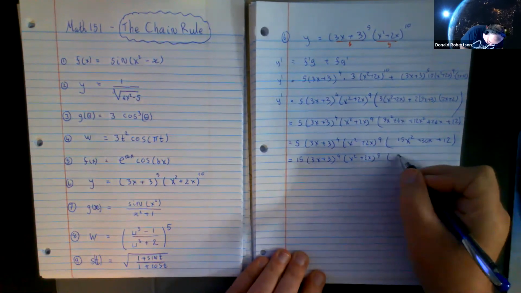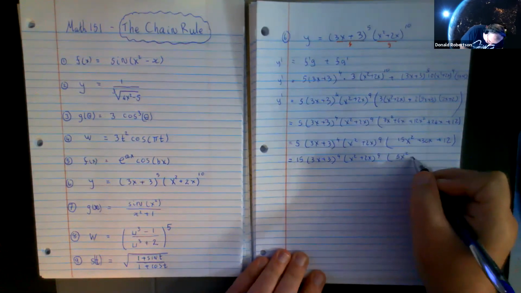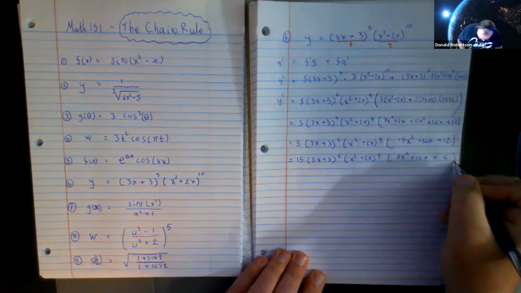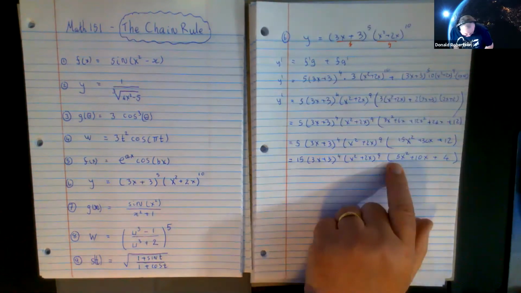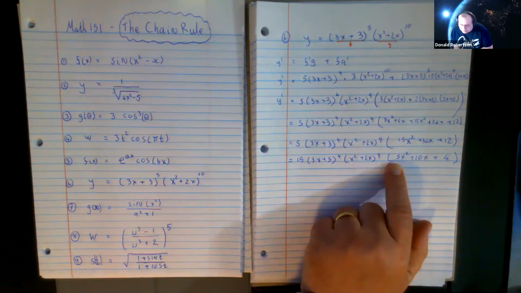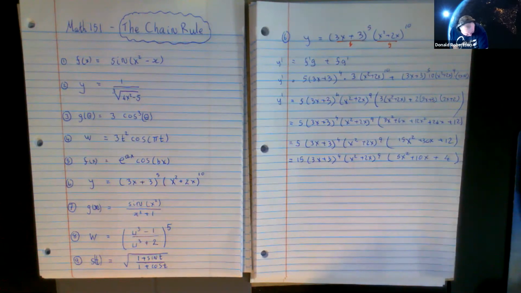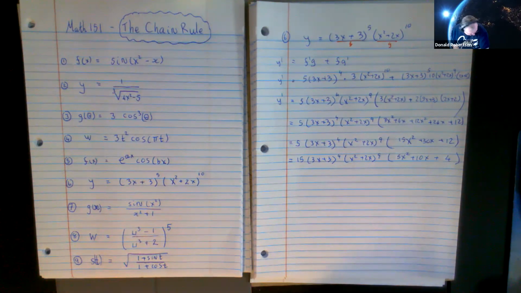That leaves me with 5x squared plus 10x plus 4. 5 and 1, 4 and 2, 2 and 2. That's as good as it gets. We are done. There was a lot of making it look pretty here, wasn't there? A lot of writing just to get to that point.